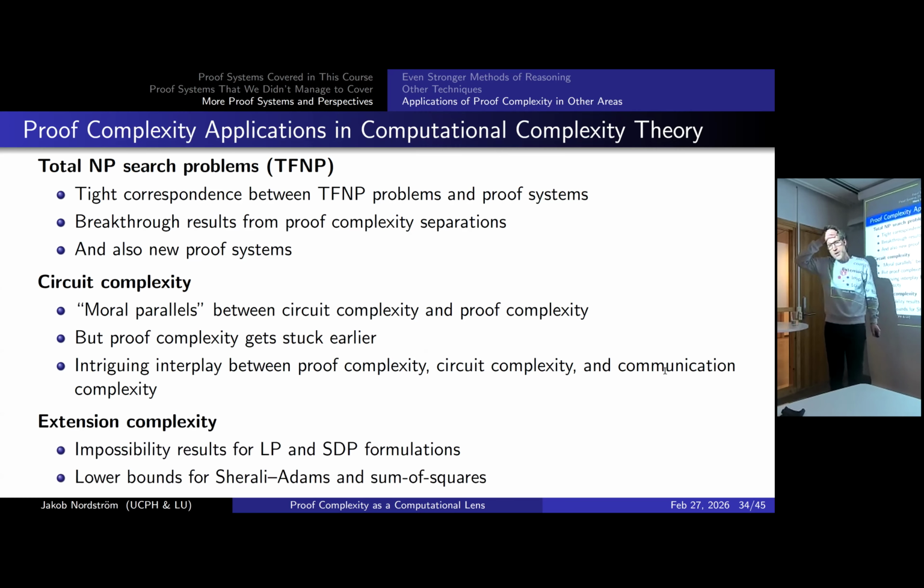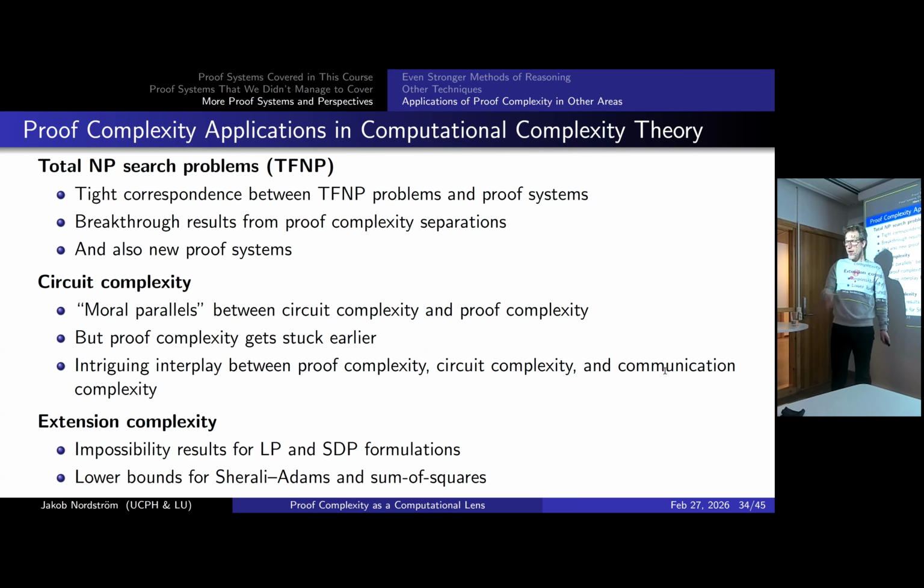Another thing that we didn't talk about at all, but it's important to know about, especially relevant for Sherali-Adams and sums of squares, is that these proof systems have been used to analyze the question of, for instance, suppose I want to solve an NP-complete problem, and I have an LP formulation, and I can ask, well, how well can I do if I lift it to a higher dimension and add new constraints, and then my original problem would be a projected down version of this problem to the original space.